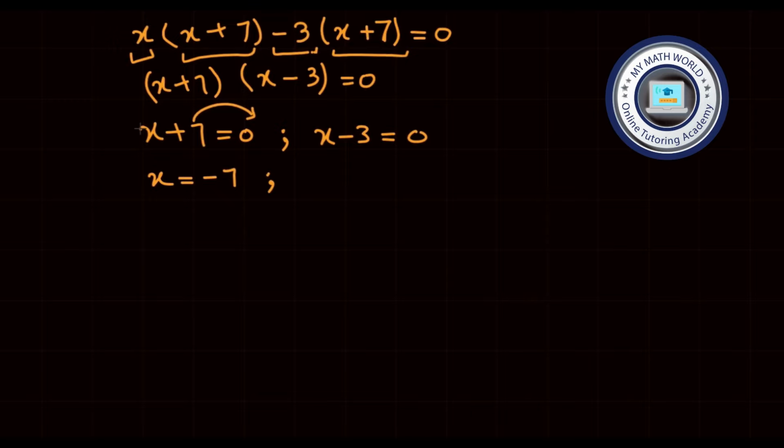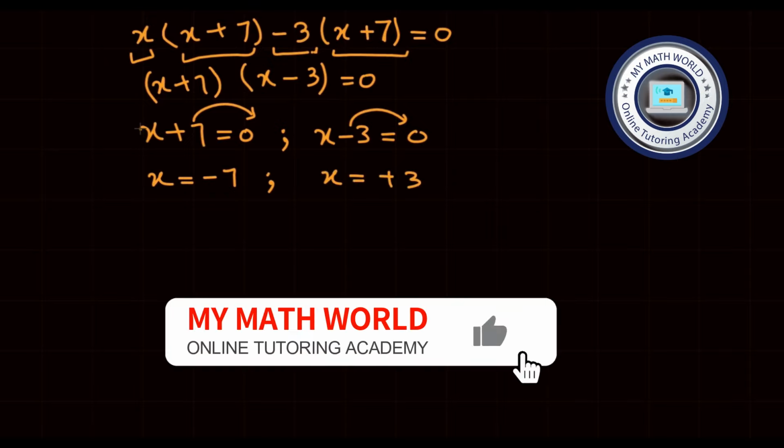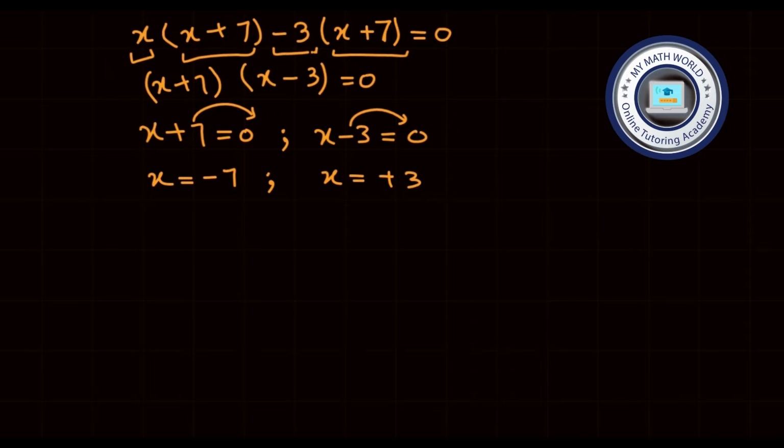And from here, if I bring this negative 3 to the other side, that becomes x is equal to positive 3. So these are the two roots which we obtained after applying the method of factorization: x is equal to minus 7 and the other root is x is equal to plus 3.